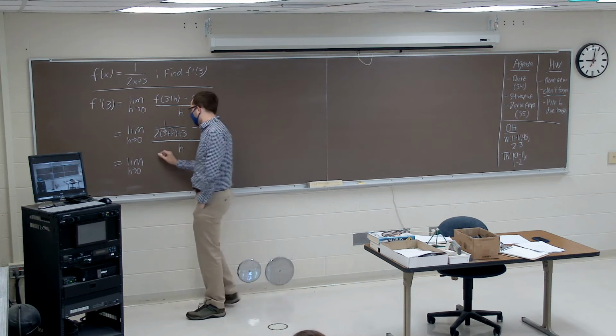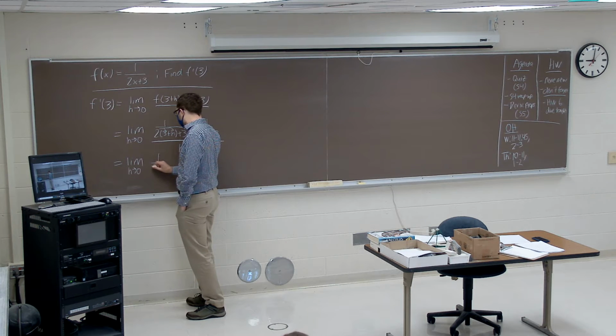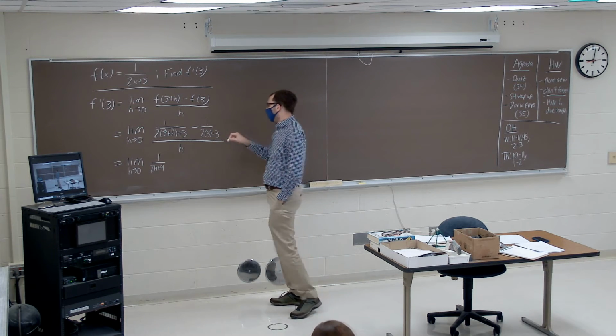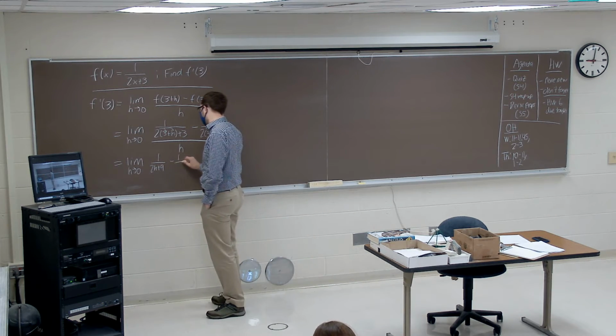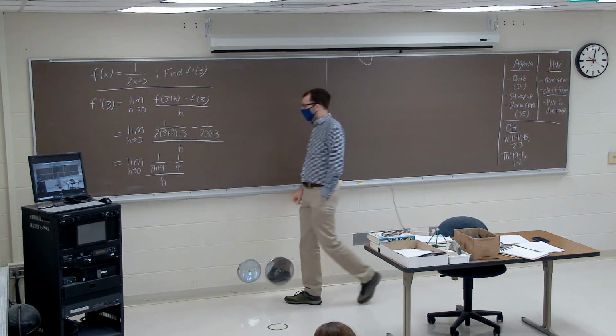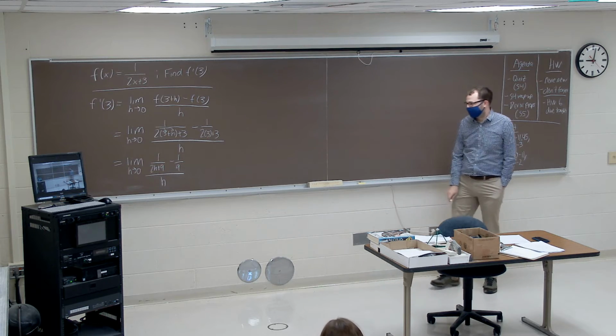So I think that'll give us a 1 over 2h plus 9. And here, we'll get 6 plus 3 in the denominator, so that'll give us a minus 1 over 9, all divided by h.